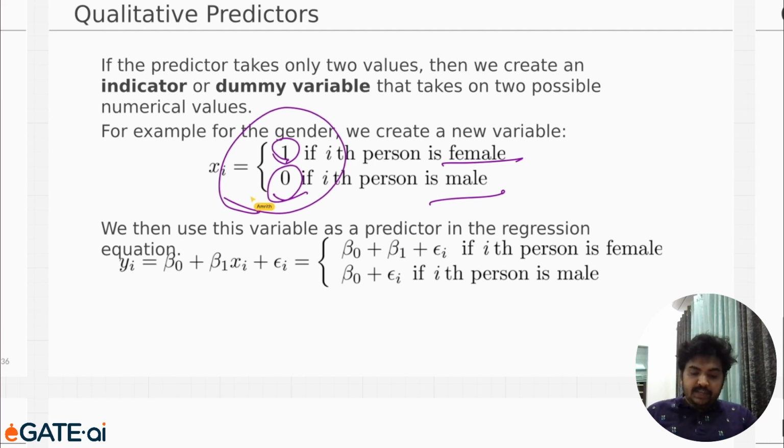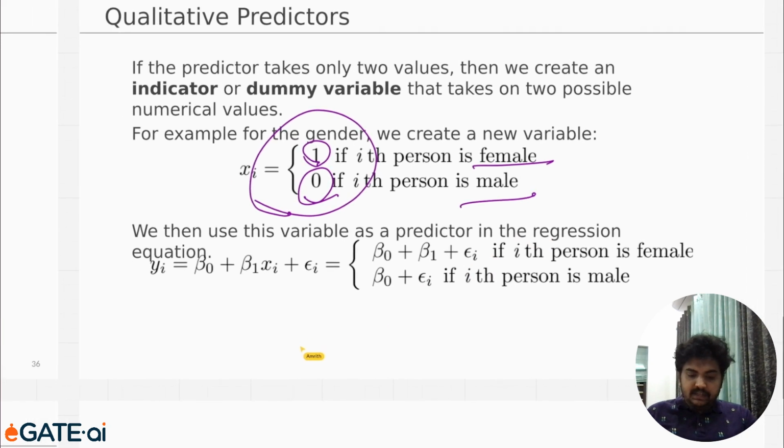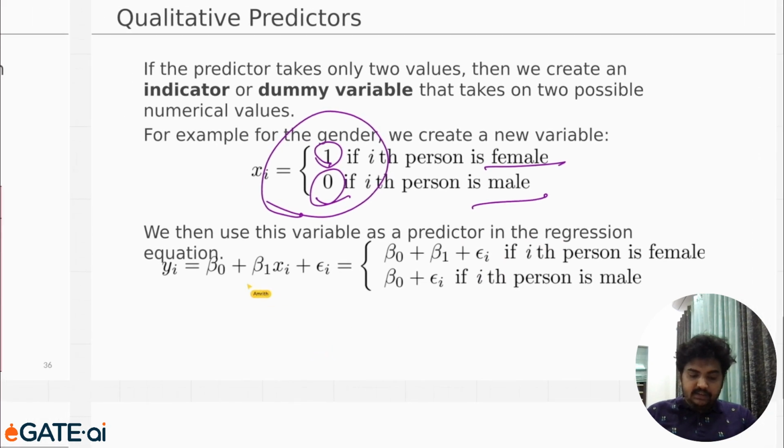So when we use this variable as a predictor in the regression, let's assume that gender has a coefficient beta 1. Since if someone is male, then their xi will be 0, naturally beta 1, irrespective of its value, will contribute 0.